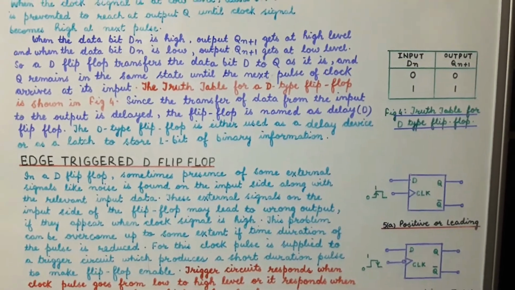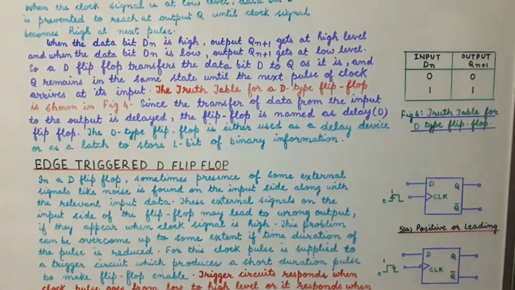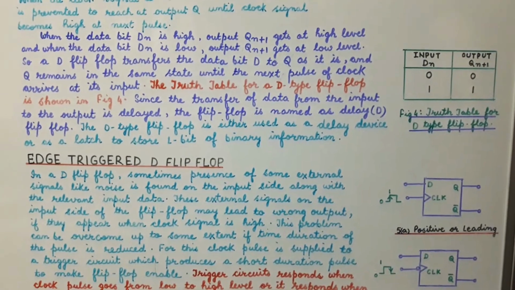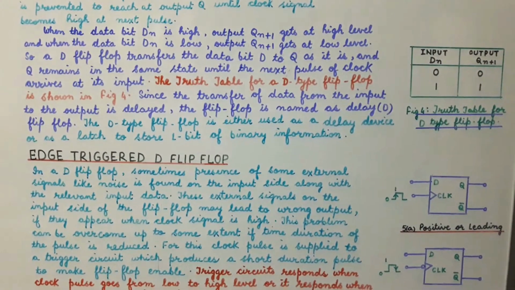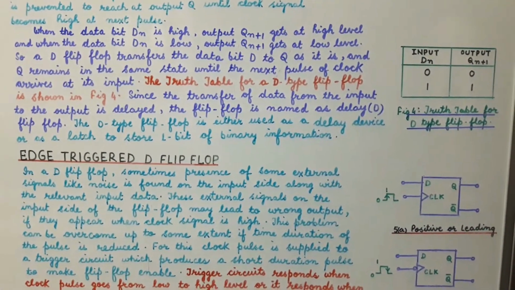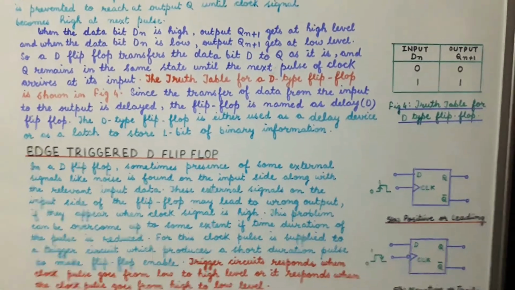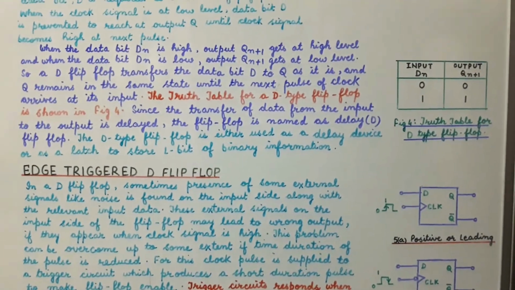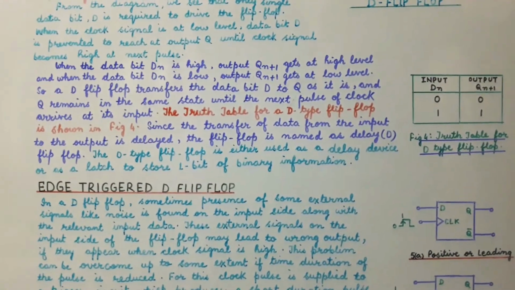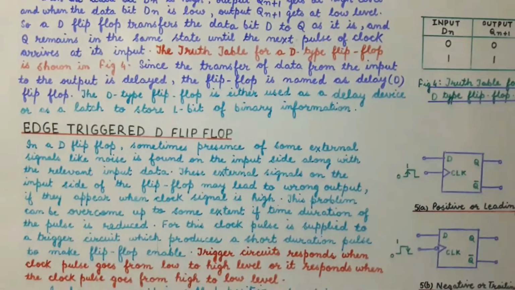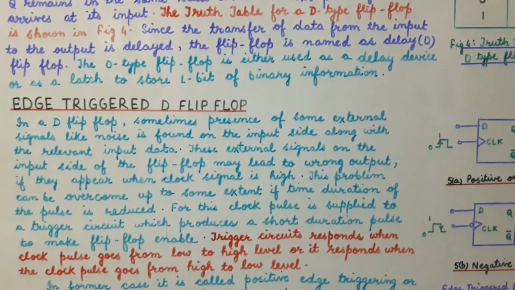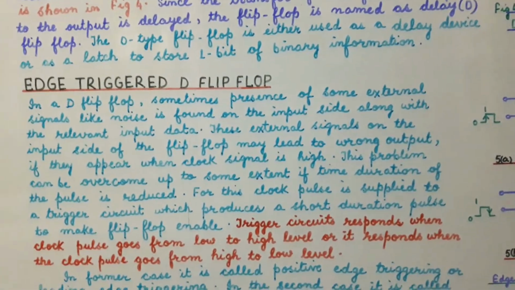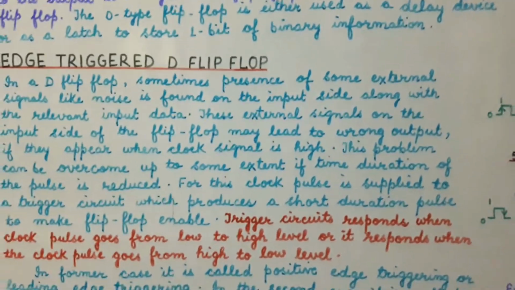So these external signals on the input side of the flip-flop may lead to wrong output if they appear when the clock signal is high. तो अगर external signals like noise present है तो ये flip-flop में जाएगा इनपुट के साथ जब clock signal high होता है तो इसके कारण हो सकता है कि जो आउटपुट है वो हमको सही नहीं मिले.